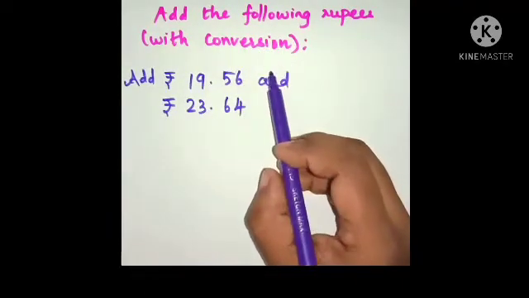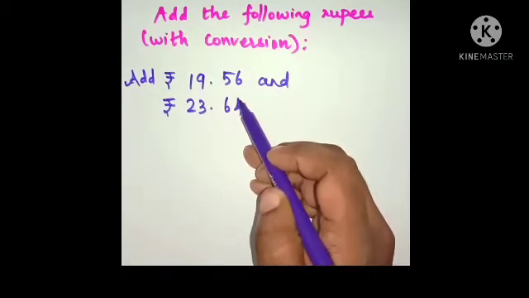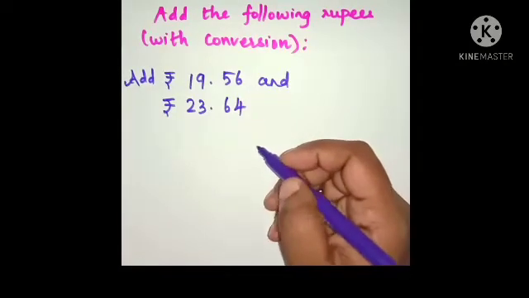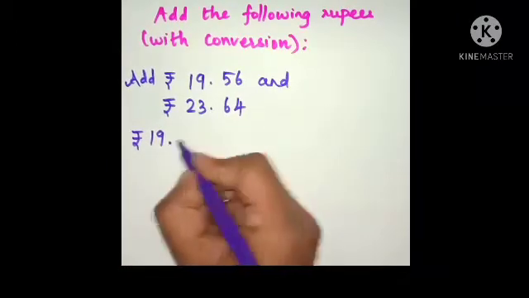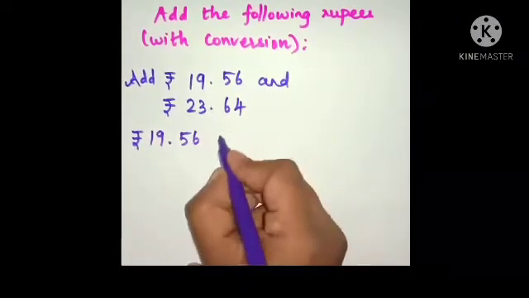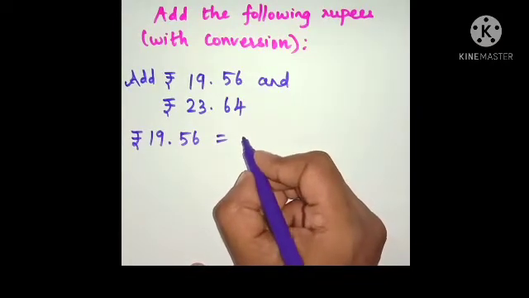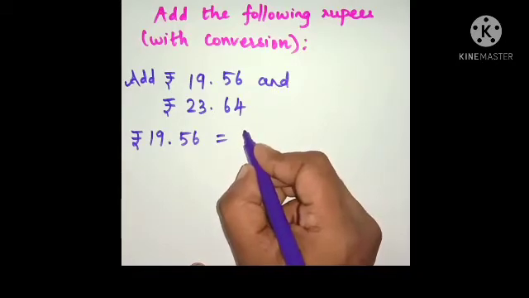And the following rupees with conversion. With conversion, it means that we need to convert rupees into pies and then add the required values. So first let us convert 19 rupees 56 pies. We know that we need to multiply 100 with 19 to convert rupees into pies.